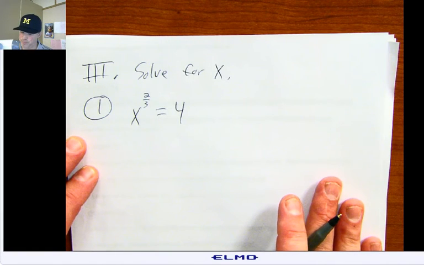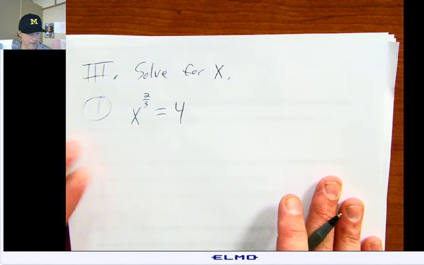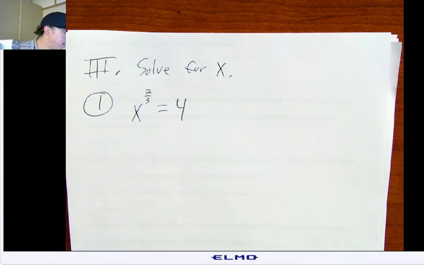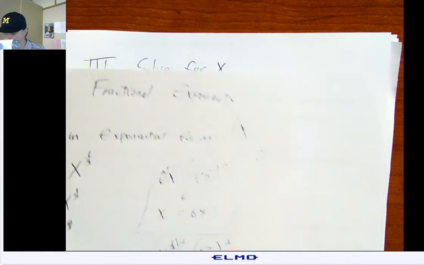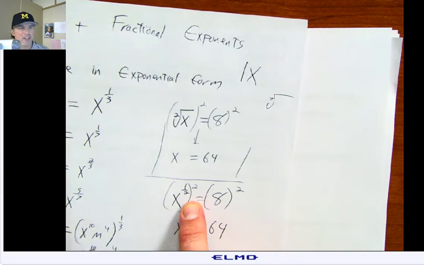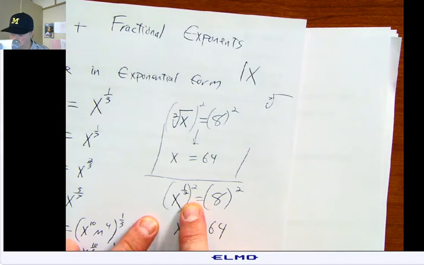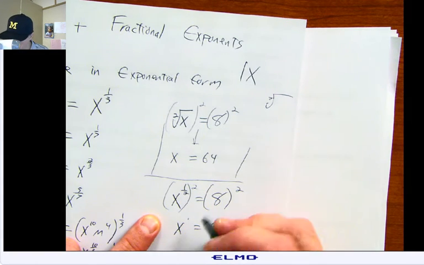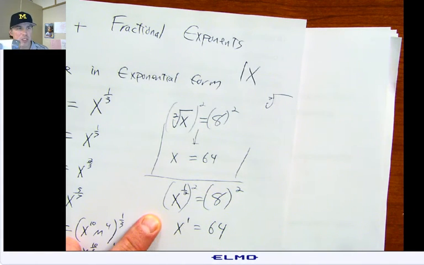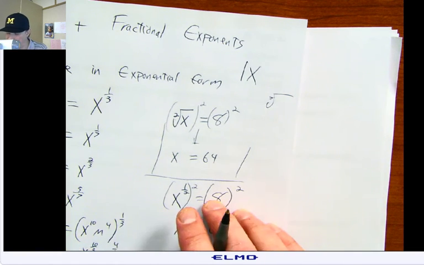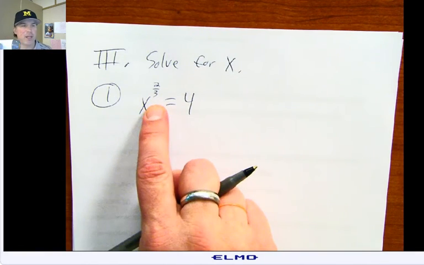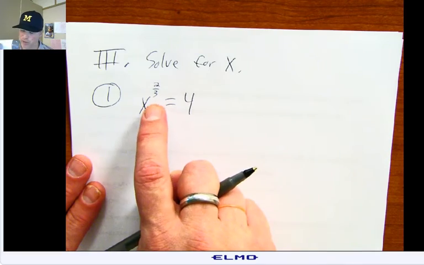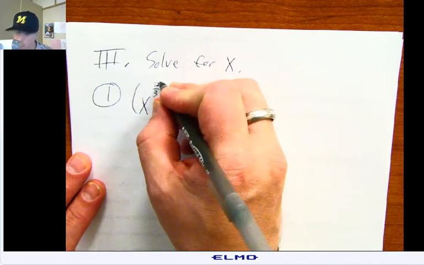If I think back to that example I talked about a couple minutes ago, when I had x to the 1/2, I raised both sides to an exponent of 2, because 2 times 1/2 is 1, so I'd get x to the 1 equals 64. It's the same idea here. Because the exponent is 2/3, you have to think reciprocal.